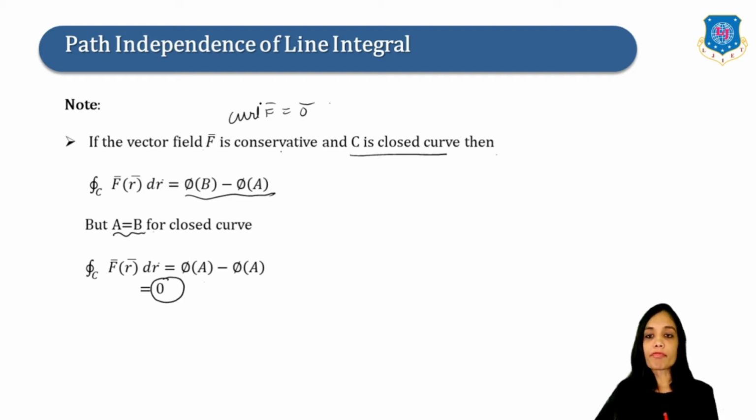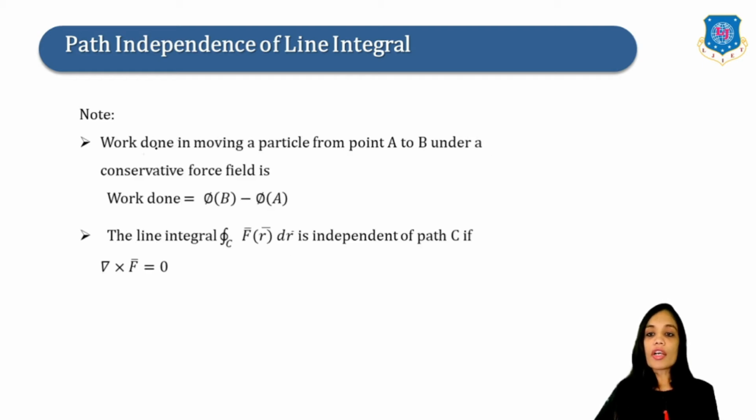So whenever f bar is conservative and C is a closed curve, that is whenever A is equal to B, then our line integral answer will be 0. Okay. So now work done in moving a particle from point A to B under a conservative force field is what? Phi b minus phi a.